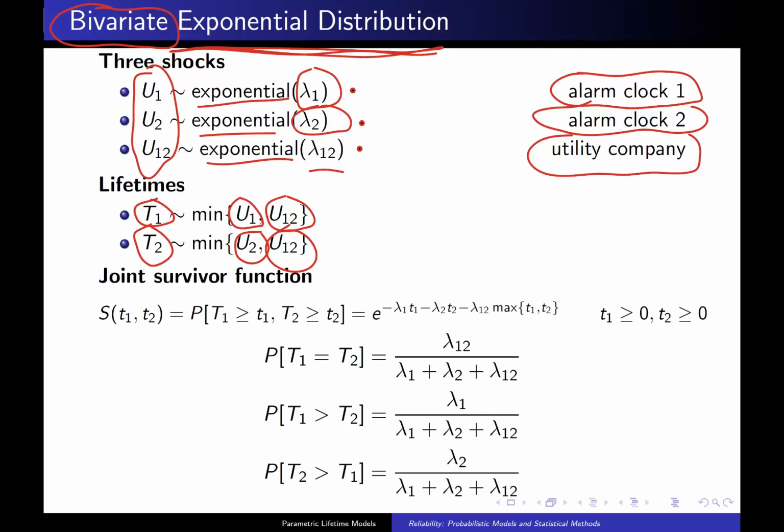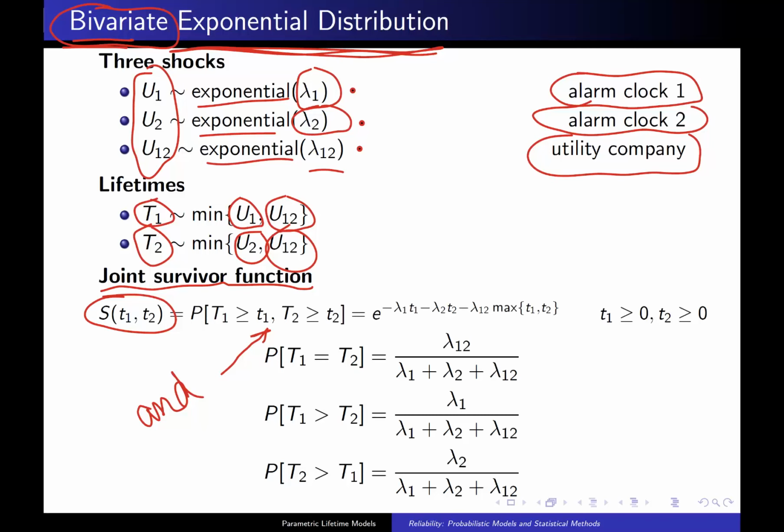and that's considered T2. So when you're looking at bivariate distributions, you have something known as a joint survivor function, and that is S of t1, t2, and that is the probability T1 is greater than or equal to little t1, and, so this comma here is read as and, T2 is greater than or equal to little t2.